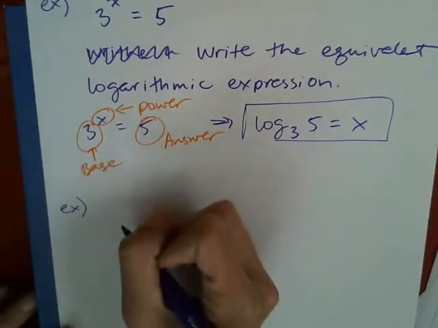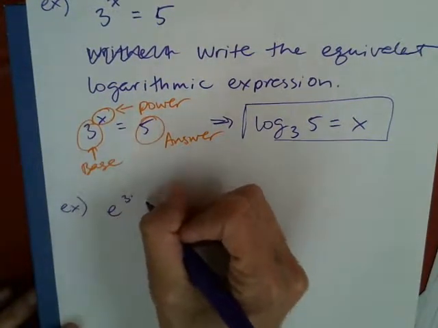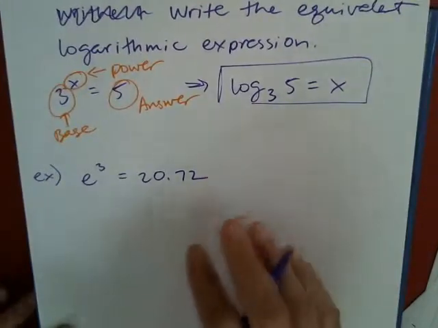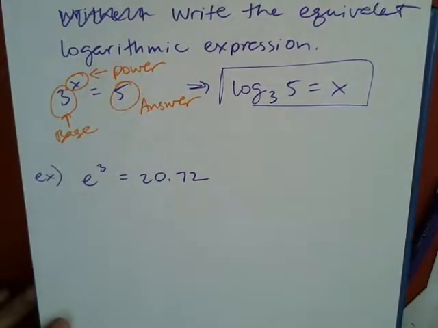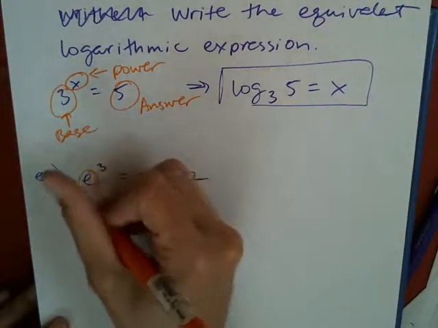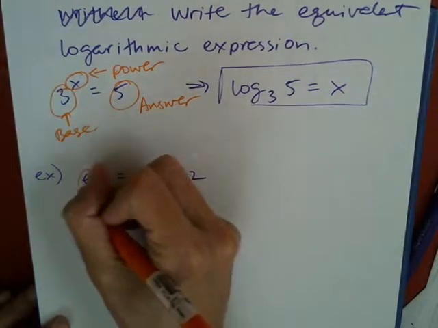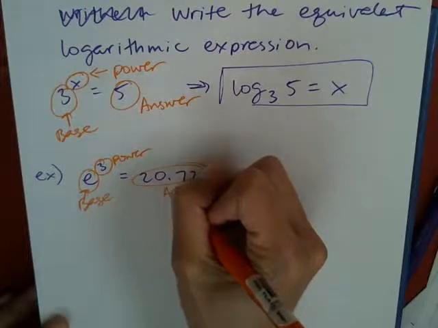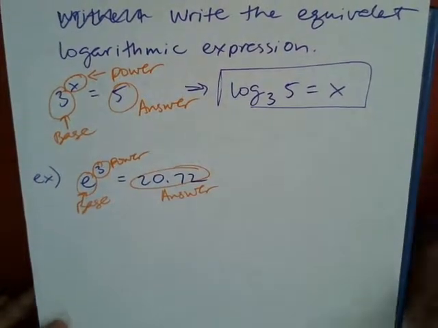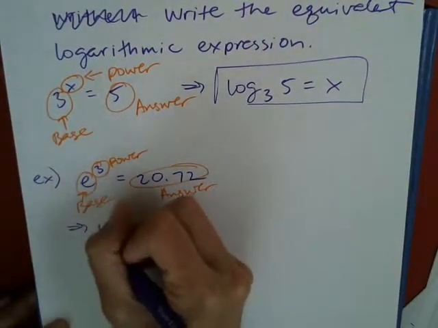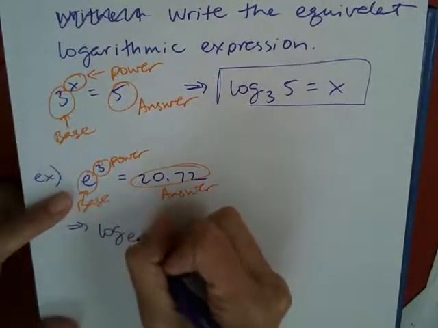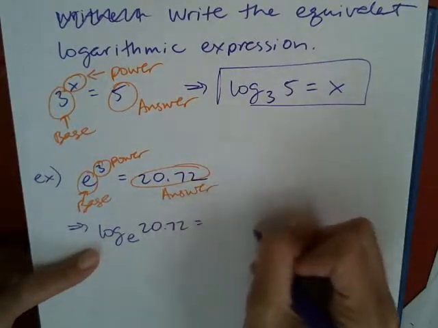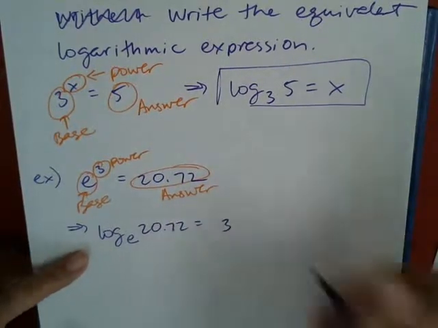Okay, here's another example. Let's say that we have e to the 3 equals 20.72. Okay, just making stuff up. So again, I need log base something. So this is my base, this is my power, and this is my answer. So when I put this together, I write log base e of my answer, 20.72, equals, power always goes on the other side, 3.